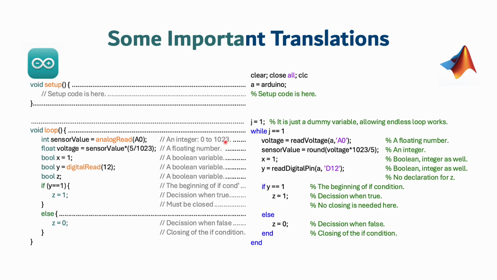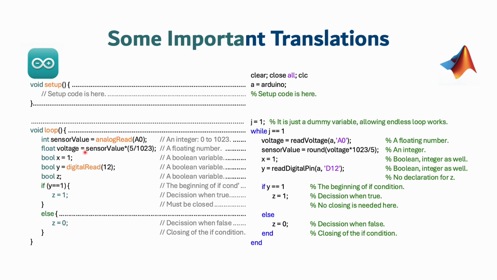If you want to convert this into voltage, please see this one: float voltage. Float means that the number of voltage is floating, there is a decimal part. For instance, 2.5 volts, it's not an integer. Unlike the sensor value, we can generate any number with its decimals starting from 0 up to 5.